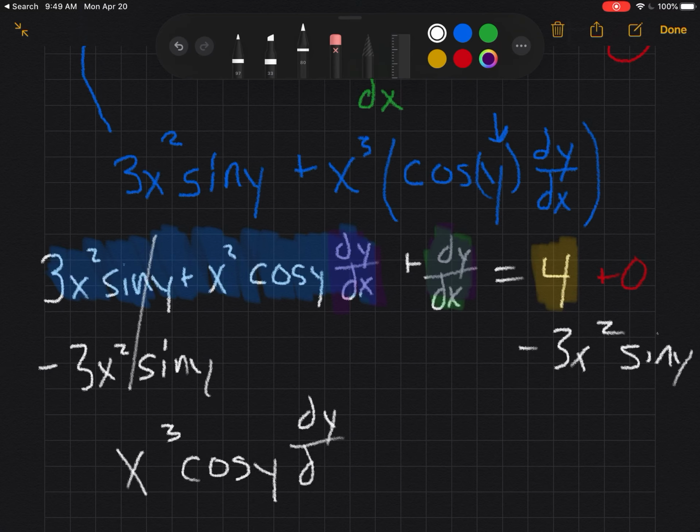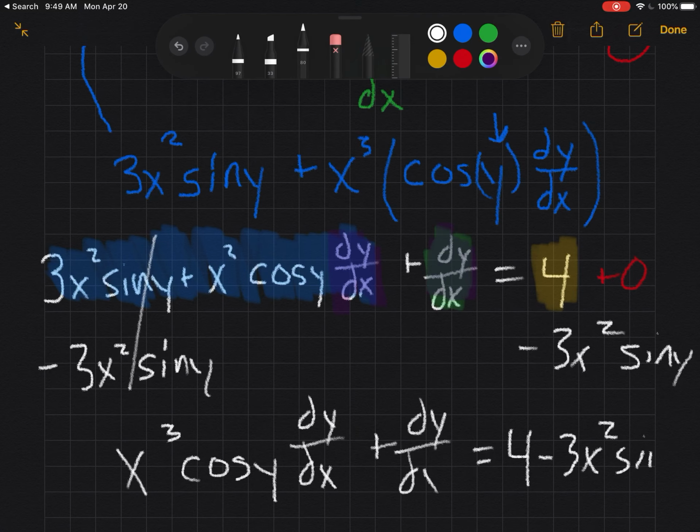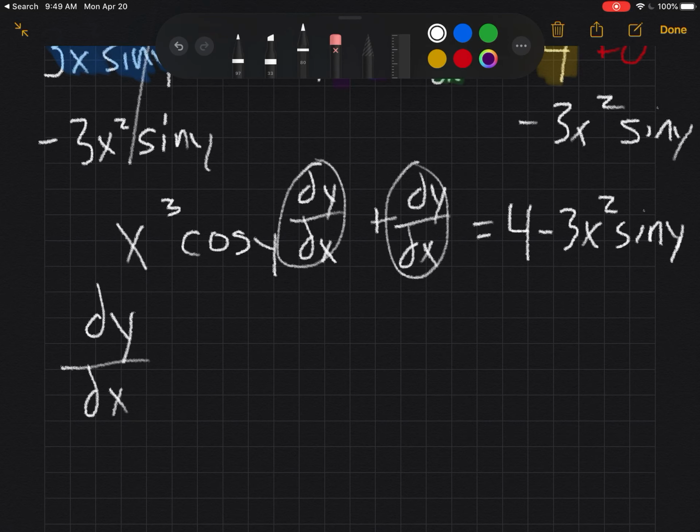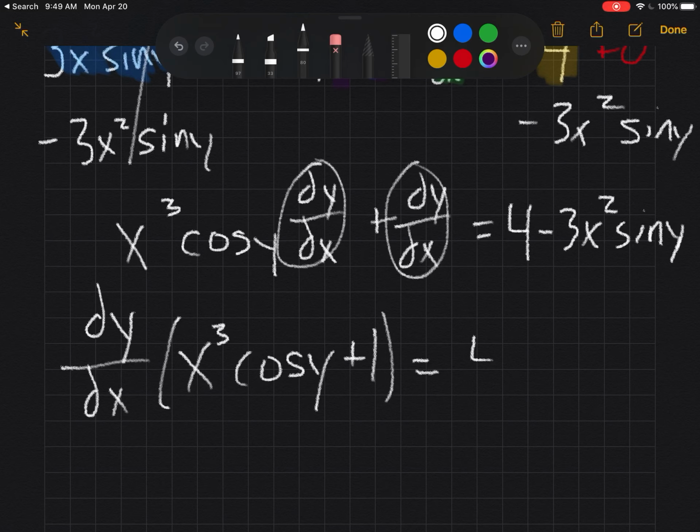So the first thing I'm going to choose to do is move this 3x squared sine y to the other side. So now I have x cubed cosine y times the derivative of y with respect to x plus the derivative of y with respect to x equals 4 minus 3x squared sine y.